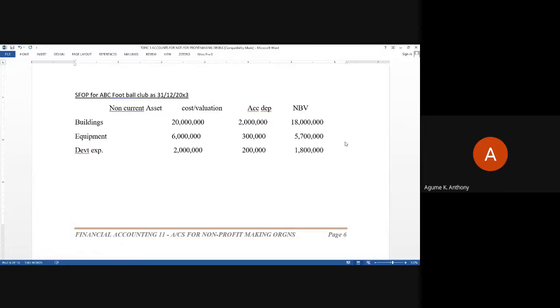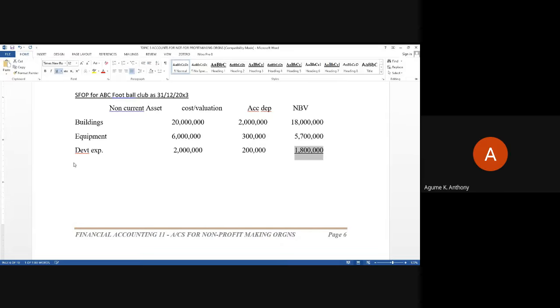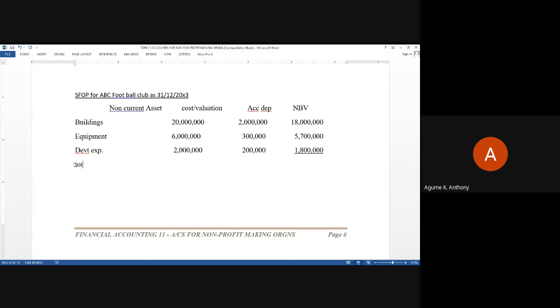Then you can have your total non-current assets. So the total for non-current assets is 25,500,000.